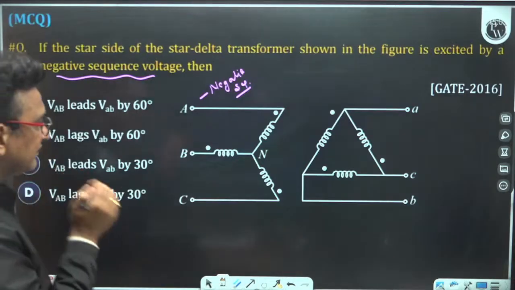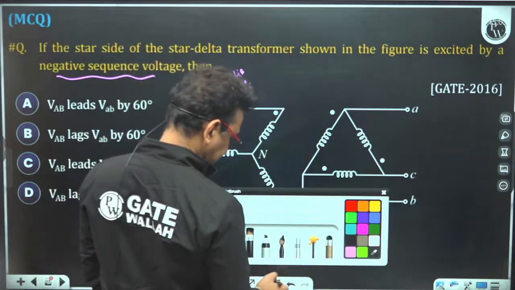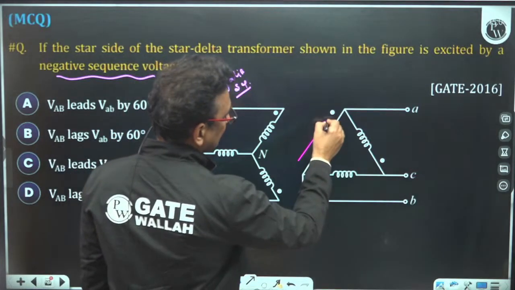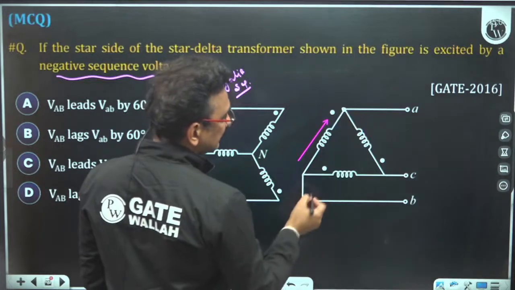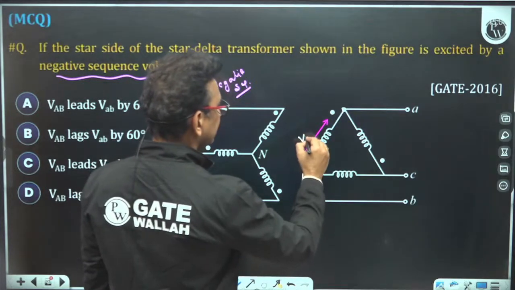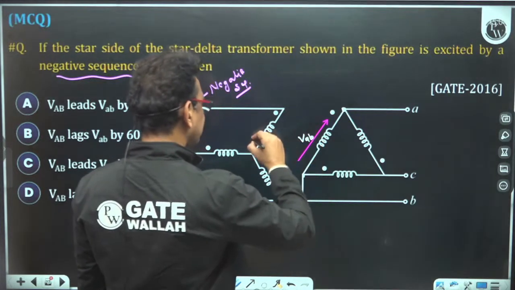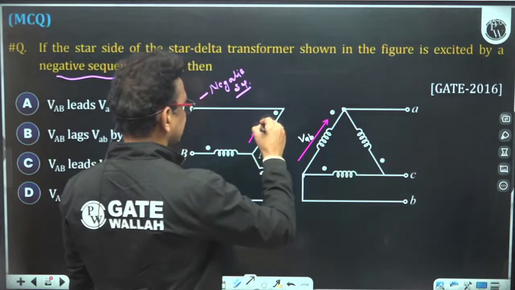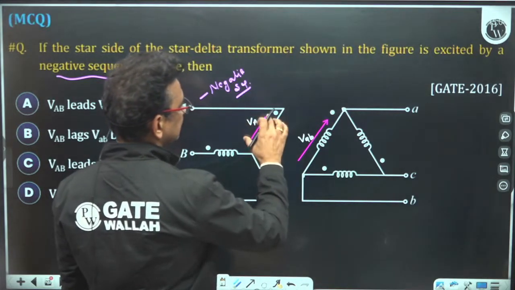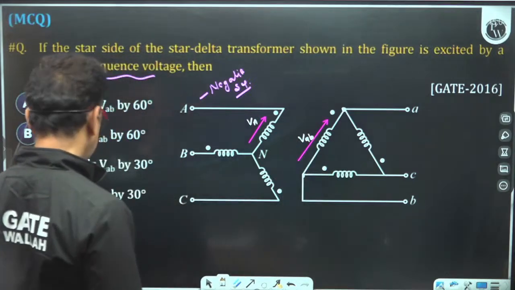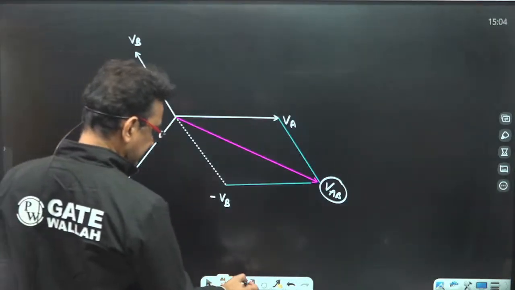Now what is the small VAB? Small VAB is this. The A point potential with respect to B point potential, VAB. Now see, this VAB is in phase with VA voltage. Clear? So small VAB will be in phase with VA voltage.